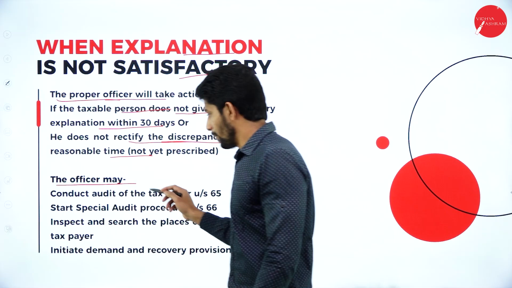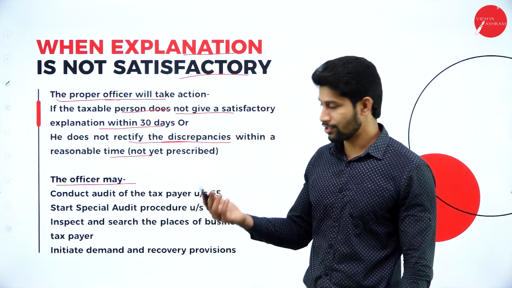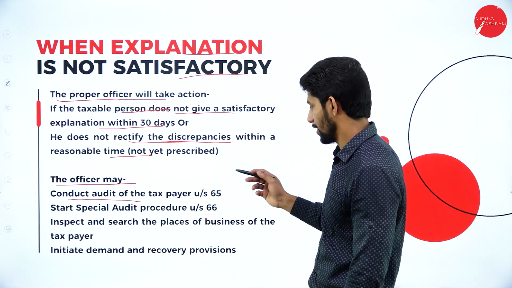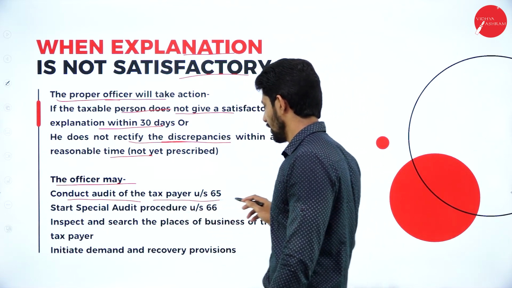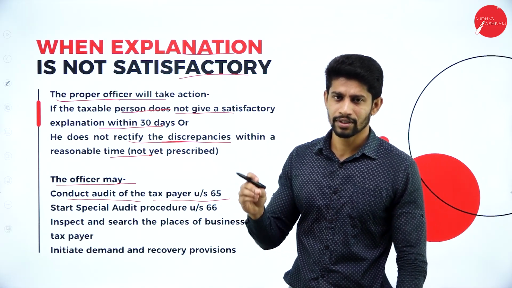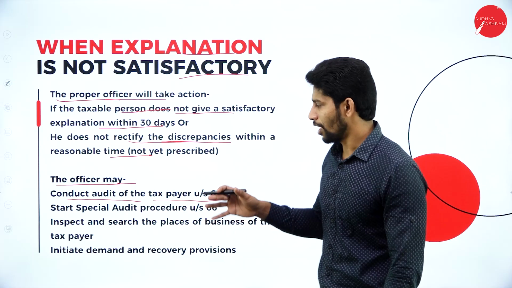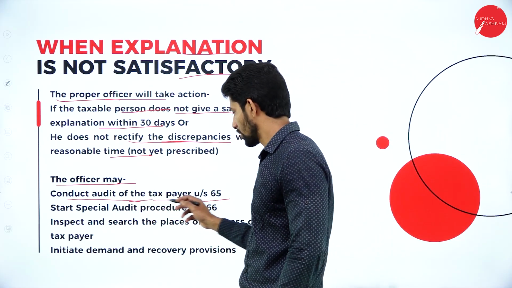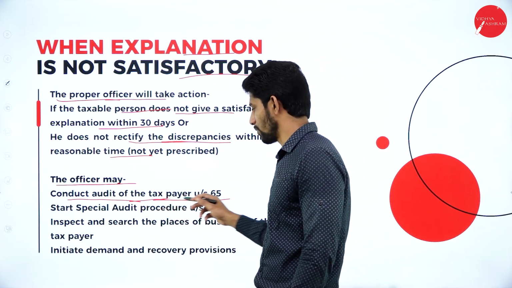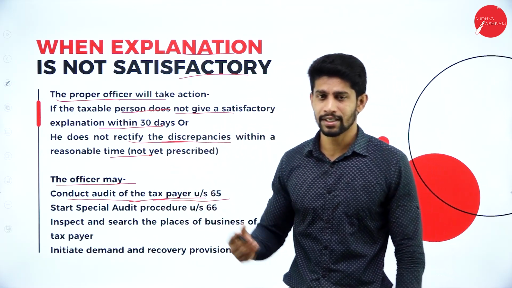The officer may take action like conducting an audit of the taxpayer under section 65. If he won't give the explanation within 30 days or within the given time frame, the officer can conduct an audit of the taxpayer on the return submitted.